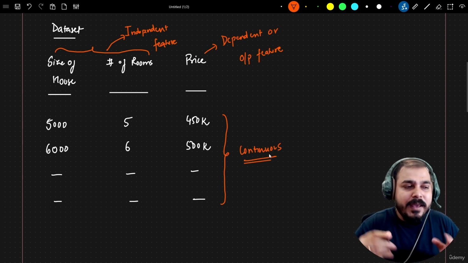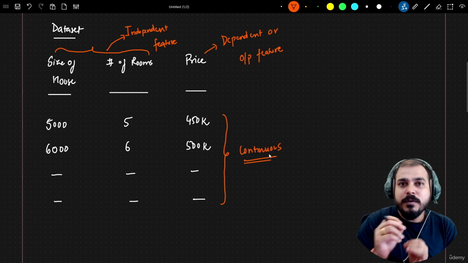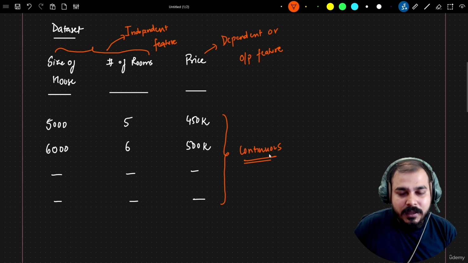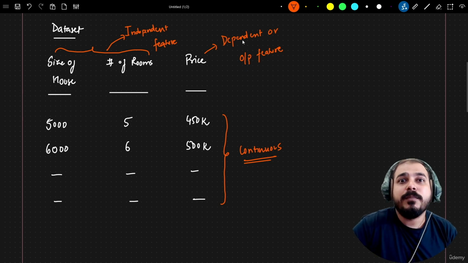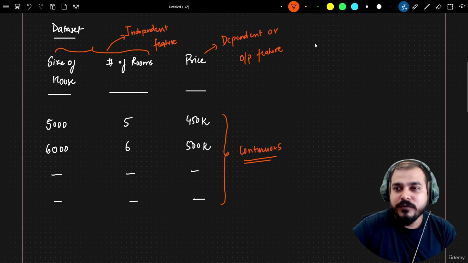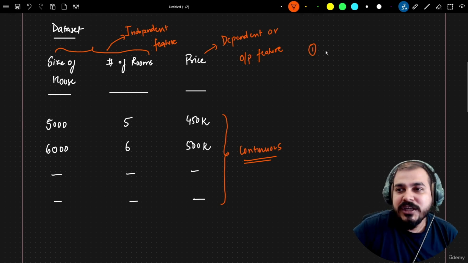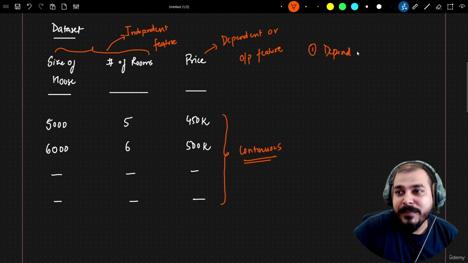So two important things with respect to the supervised machine learning technique: first of all, you will be having a specific output or dependent feature. The first point is that in supervised machine learning, you will definitely have a dependent or output feature.